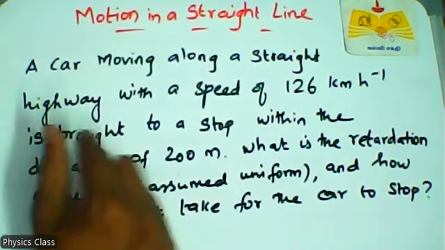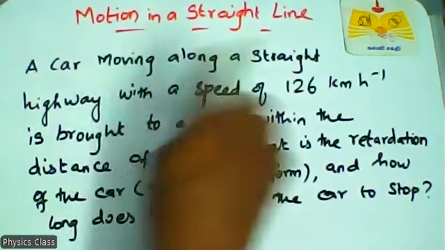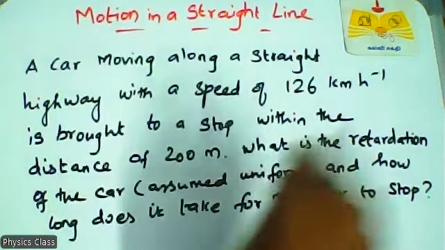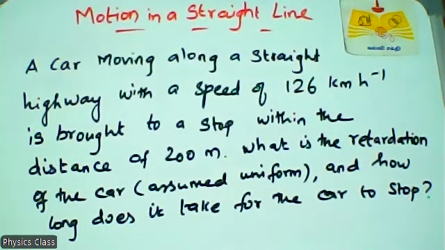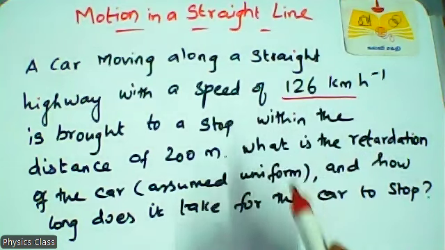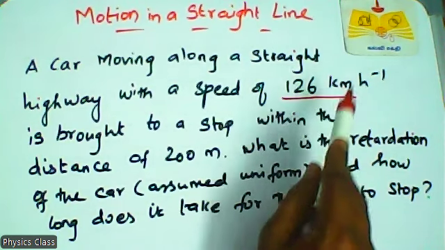A car moving along a straight highway, because it is motion in a straight line. So here also motion along a straight highway with speed 126 kilometer per hour. Here you can note that the unit is kilometer per hour.